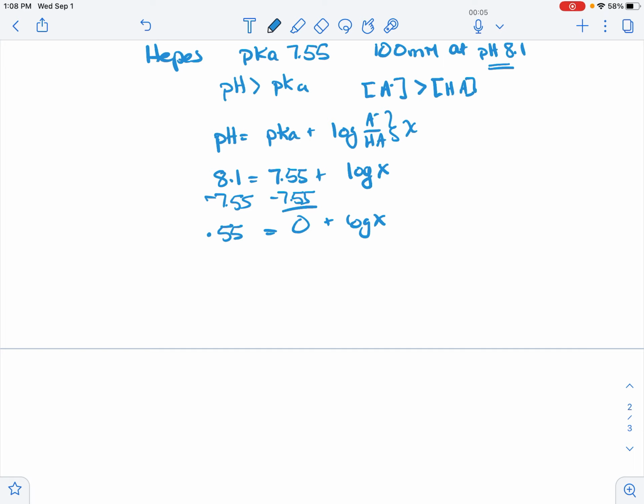If I raise both sides of the equation to the power of 10, 10 to the 0.55 is equal to 10 to the log of X. Raising something to the power of 10 and taking its log are inverse functions, and so that just gives you X. That's the part that probably you wouldn't remember unless you've been using it recently.